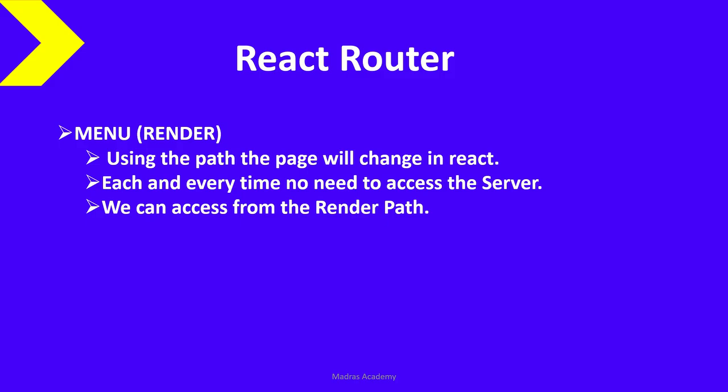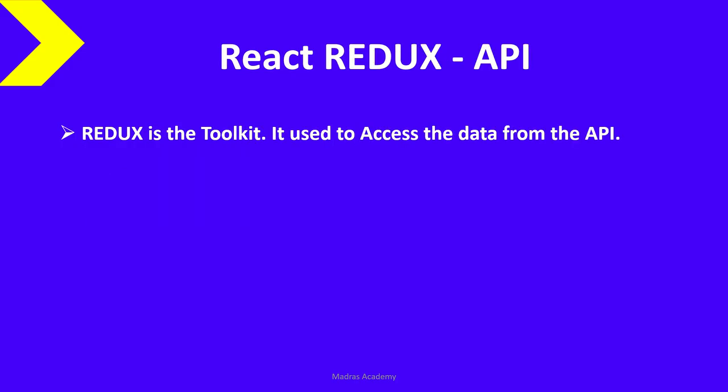Finally we are going to learn about React Redux API. Redux is a tool used to access data from the API. Suppose I create a front end in React, such as a registration form.